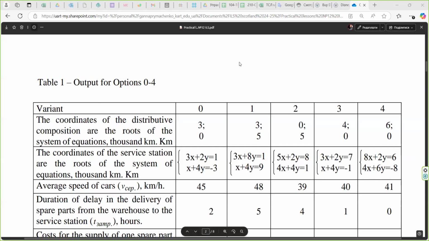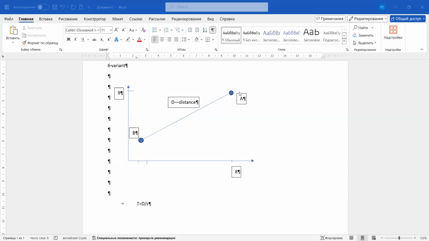I think it will be more understandable. So point A is where our warehouses are located. We already have this information. And point B is the result of our calculation system. Now we need to find the distance between these 2 points.